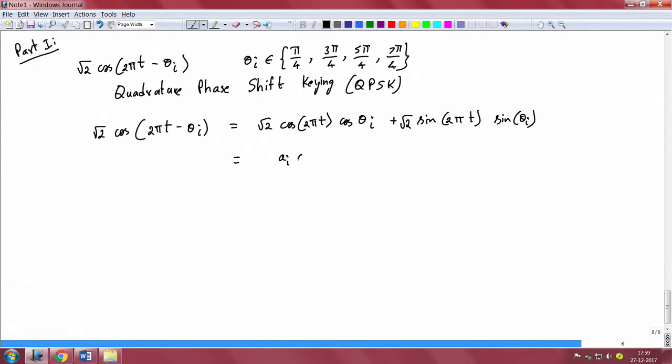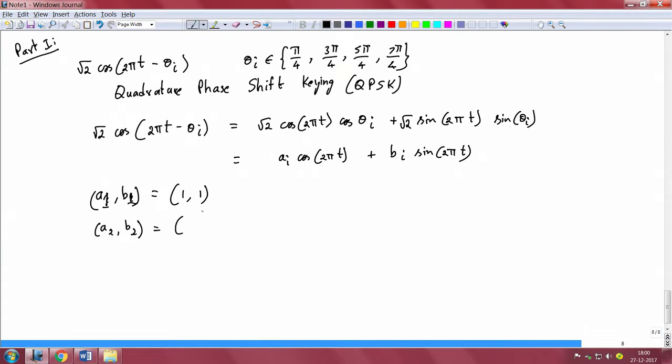So, this can be written as Ai cos 2 pi t plus Bi sin 2 pi t, where the coordinates Ai, Bi, depending on the phase shifts, we can write as A1, B1 is 1 comma 1, A2, B2 is minus 1 comma 1, A3, B3 is minus 1 comma minus 1, A4, B4 is 1 comma minus 1.